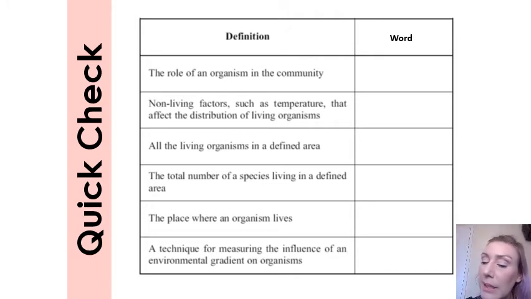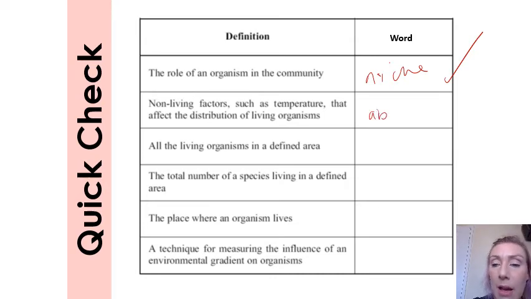Okay, so you should have completed the task now. So if we're going through these, let's tick them off. The first one we're looking for is the role of an organism within the community. So that's going to be our niche. Non-living factors such as temperature that affect the distribution of living organisms, they are our abiotic factors.